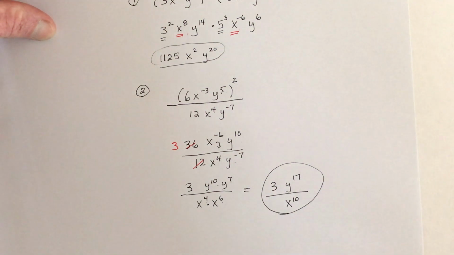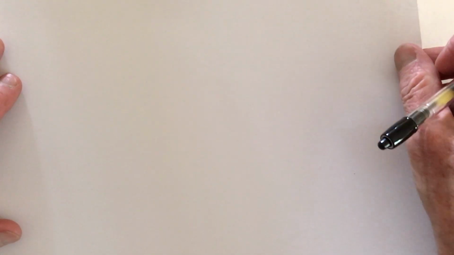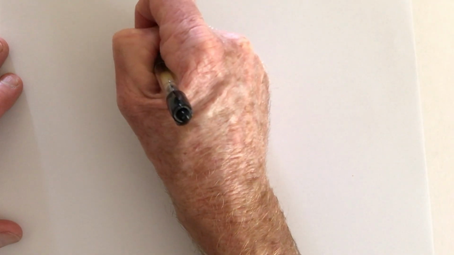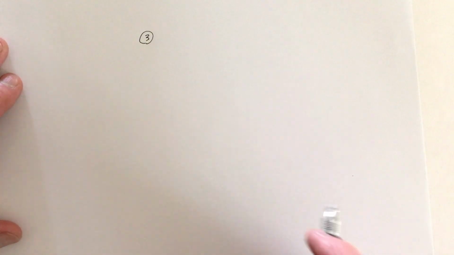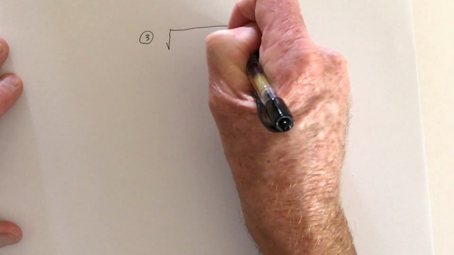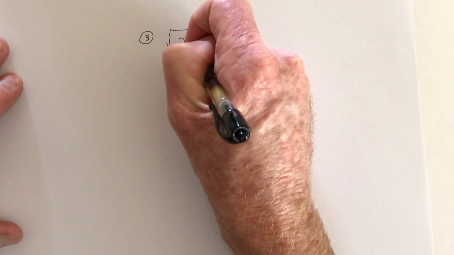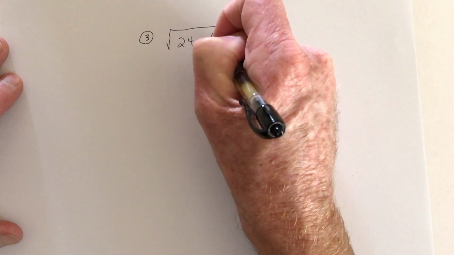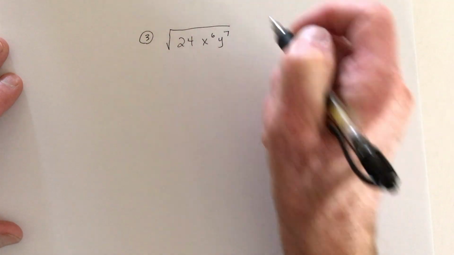The next example is going to involve square root. So for example number 3, if you have the square root of 24, x to the 6th, and y to the 7.